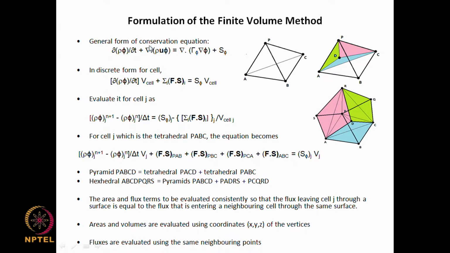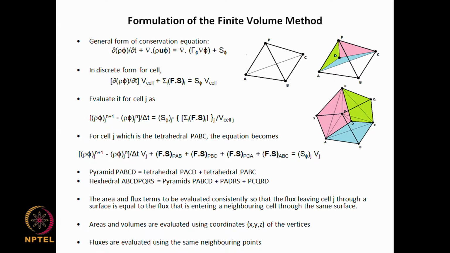This can be broken up into pyramids. So, you can take it broken up into 3 pyramids, P with this as the base, P with the green one as the base, and P with the pink one as the base. And each of these pyramids can be broken up into tetrahedra, and for each of these tetrahedra we have this discretization. So, we can write it in this particular way.